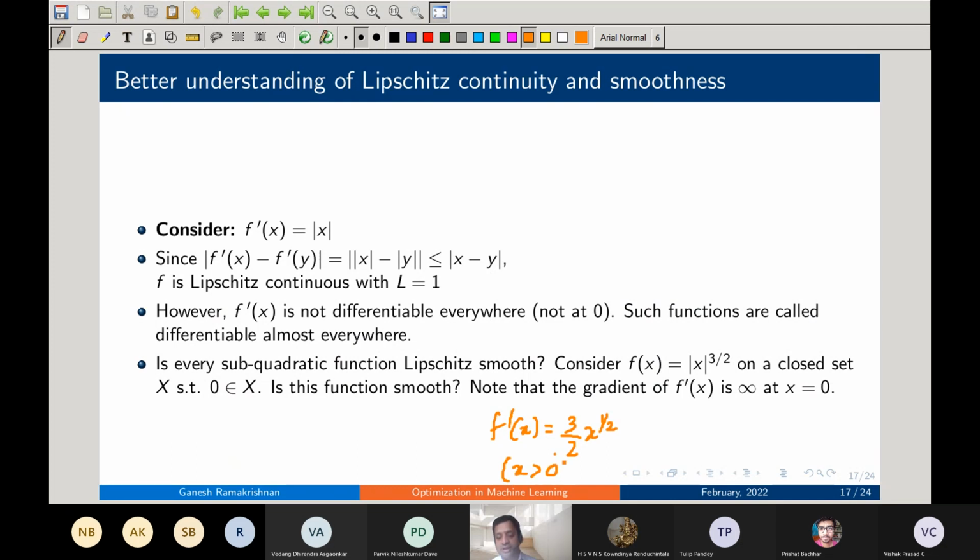This is of course for x greater than 0. And in that case f double dash x is 3 by 4 x raised to minus half. And in such a case, is this function smooth?